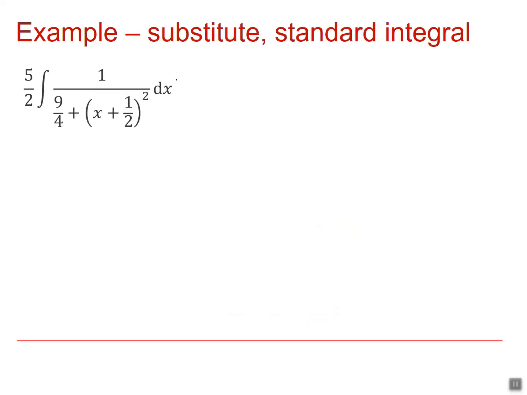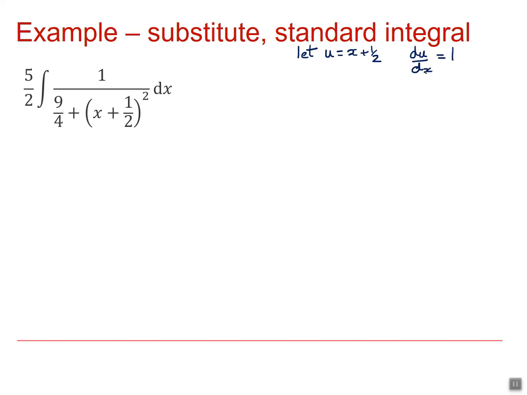Okay, so how do we tackle this integral? Well, if you've seen the previous video about using arcsine, you'll know that our technique here is to let u equal x plus a half. And that means that du by dx is equal to 1.